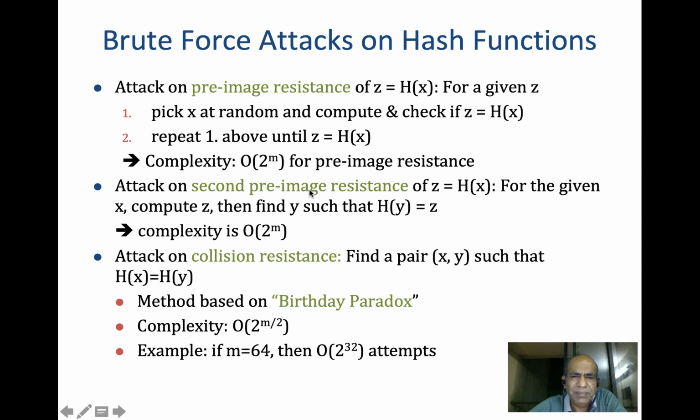Second pre-image resistance is, if you know z equal to h(x), then for a given x, compute z, then find y such that h(y) is equal to z.